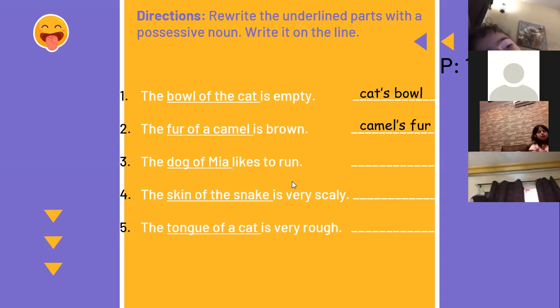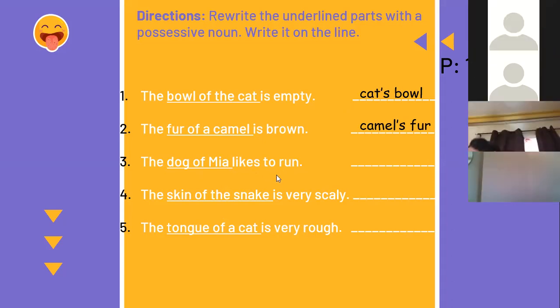Mia owns the dog. Who can help? The dog of Mia. Mia owns the dog. How do we change it to a possessive noun? Mia's dog. Mia's, an apostrophe before the S, and dog.